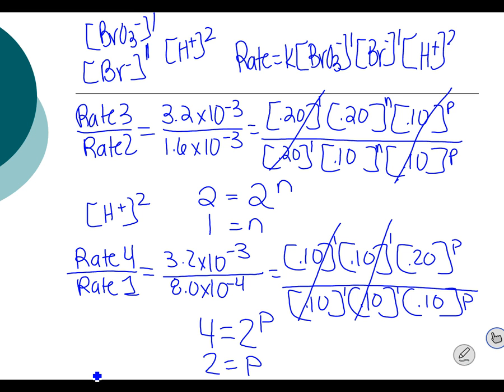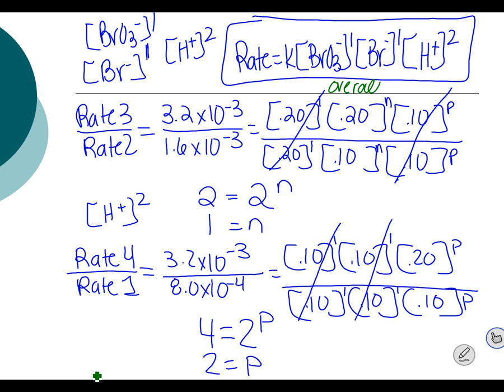So the second thing we need to do is have a rate law, and that's what it looks like. At the same time, if you wanted to calculate your overall order, that's not difficult. All you have to do is add up your orders. So our overall order equals 4.